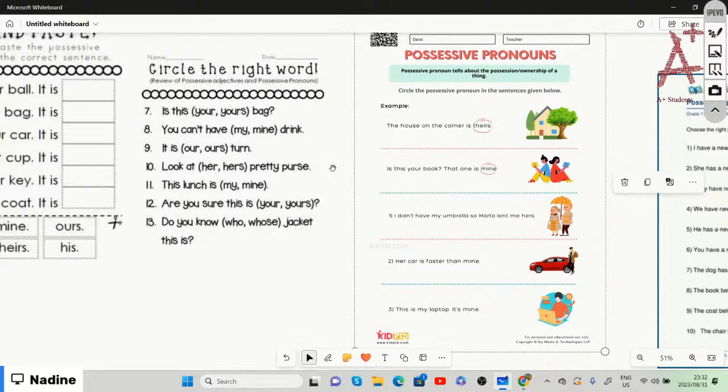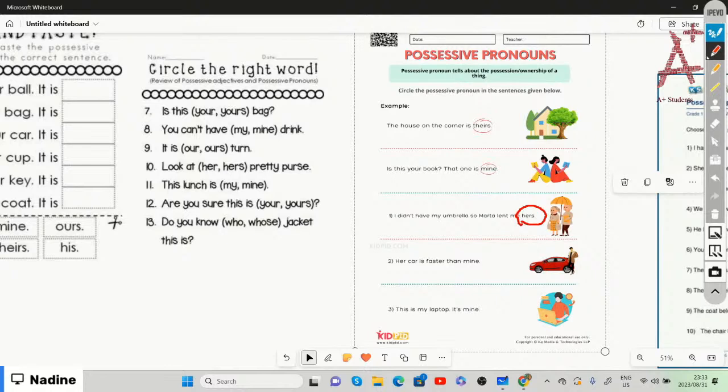I didn't have my umbrella, so Martha lent me hers. Right? Hers is a possessive pronoun within the sentence.